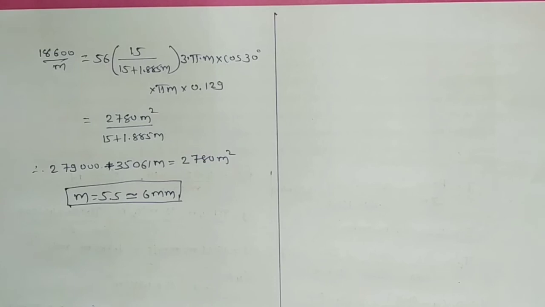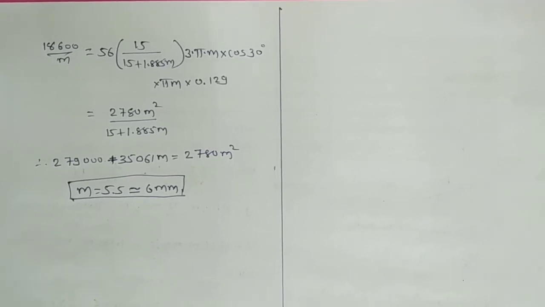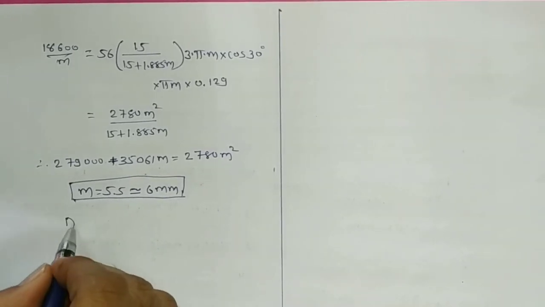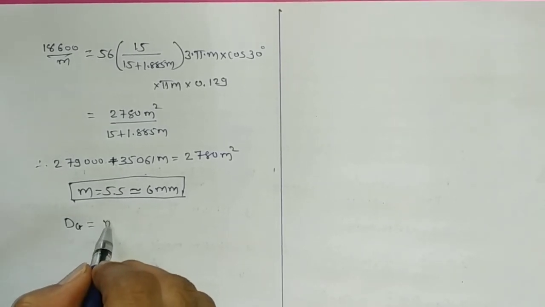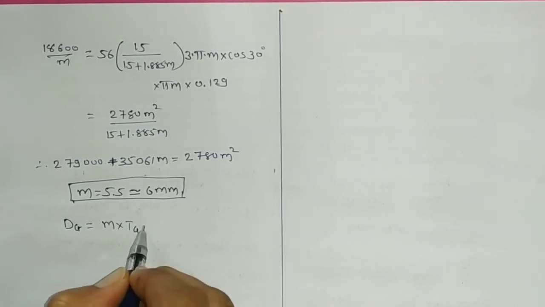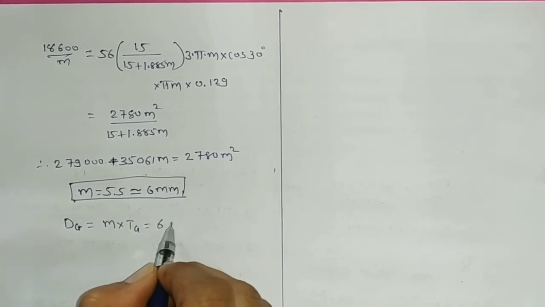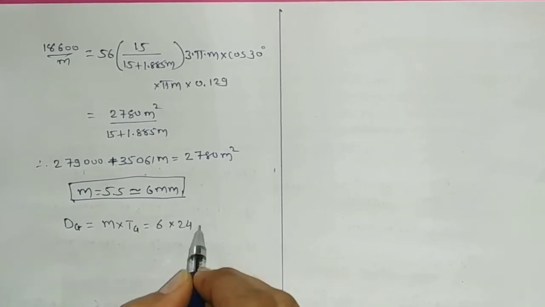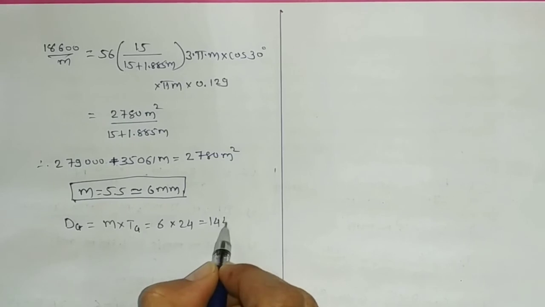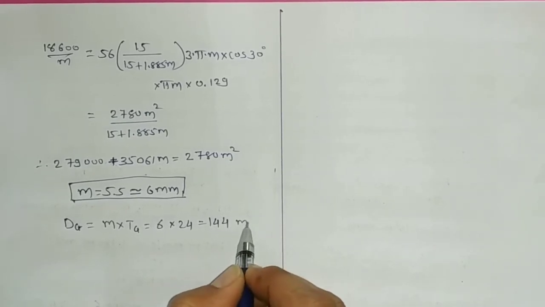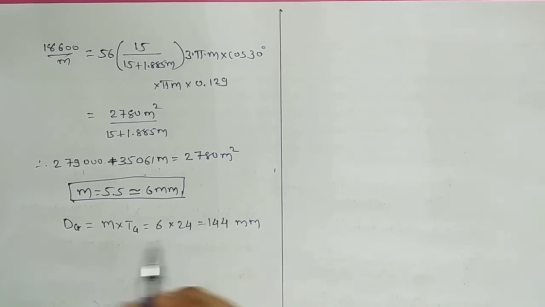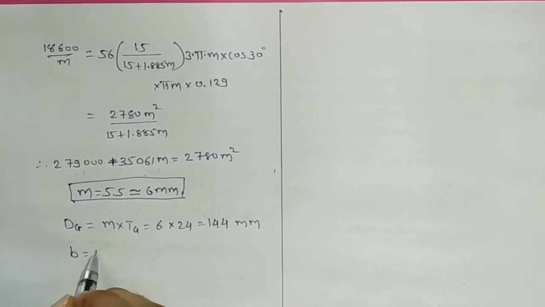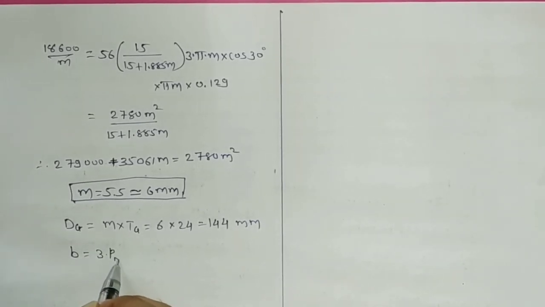Now pitch diameter of gear. Okay, according to this module you can find the DG. Pitch circle diameter of gear DG is equal to M into TG. M is equal to 6, TG is equal to 24, so 144 mm pitch circle diameter. Then face width B is equal to 3 into Pn.